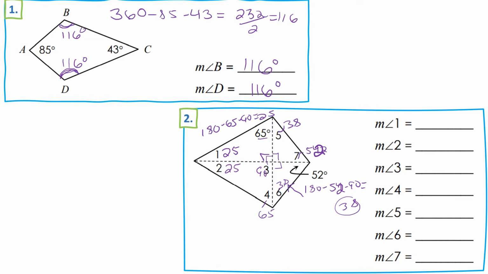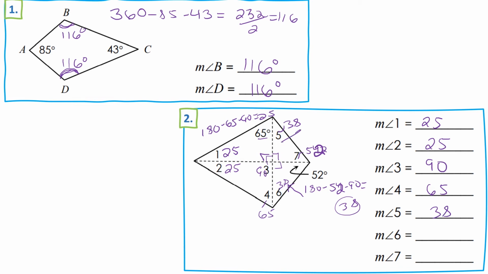So now I could just go back and plug in everything. Angle 1, we see here, is 25. Angle 2 is 25. Angle 3 is, of course, 90. Angle 4 is 65. Angle 5 is 38, right here.